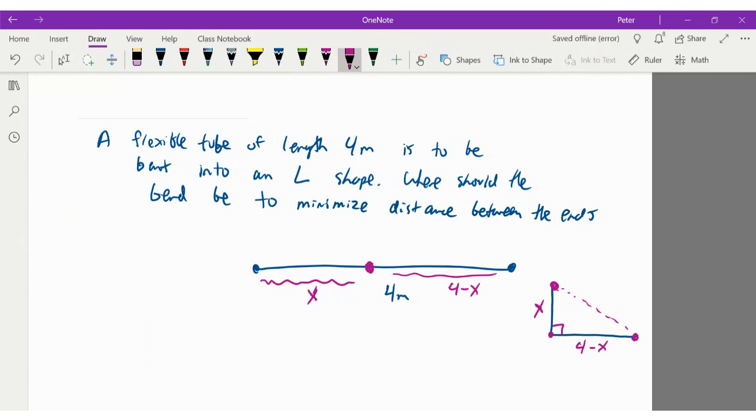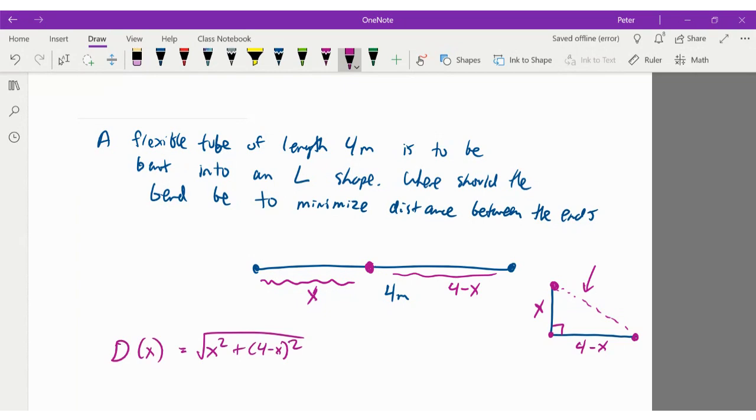So the question is, I'm trying to minimize that hypotenuse. So what I know is that distance is going to equal the square root of x squared plus (4 minus x) squared. So that's going to be distance as a function of where I put x.